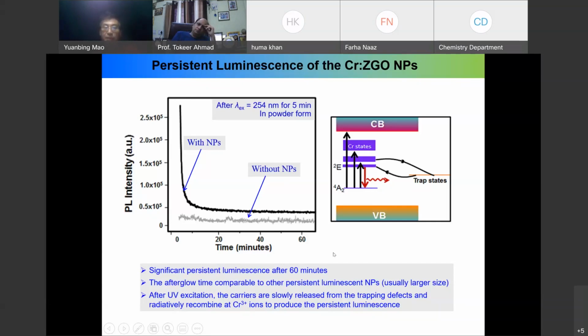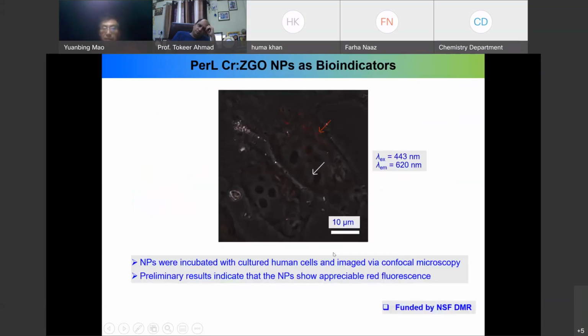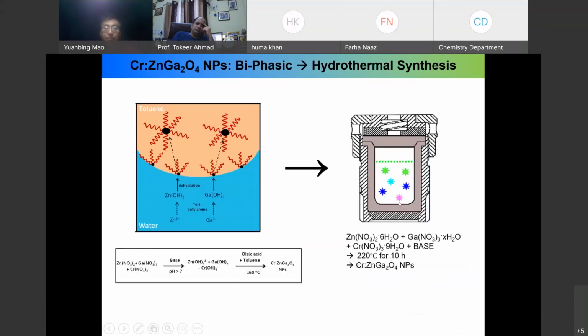So definitely it shows the persistent luminescence. And then we also use this for bioindicators. And then we did see some red luminescence from the cells with these nanoparticles.